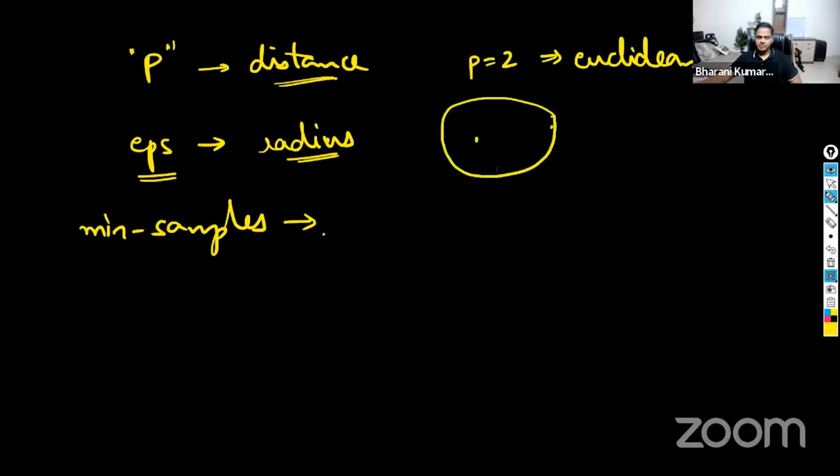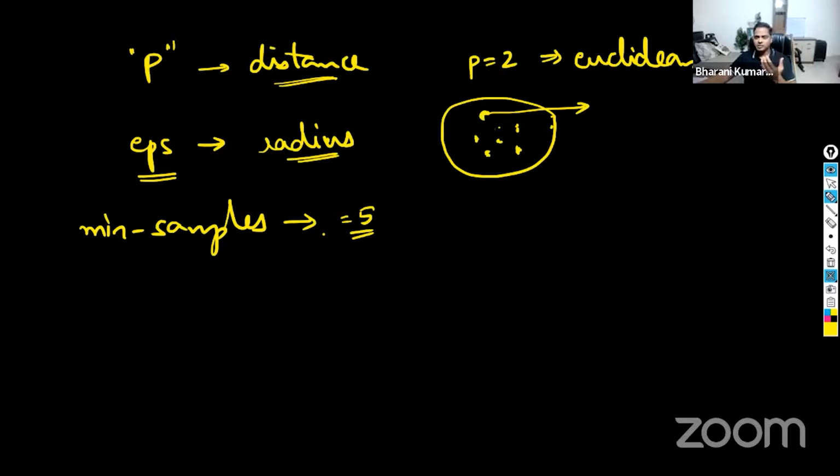And minimum samples: if you say minimum samples equal to 5, you need a minimum of 5 points in the vicinity of a data point, within the radius. Let me take one step back. Each data point is supposed to be classified as a core point or not.